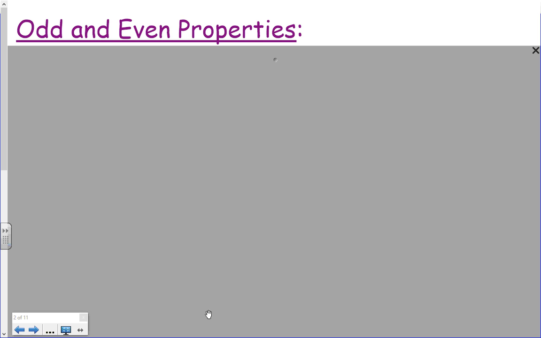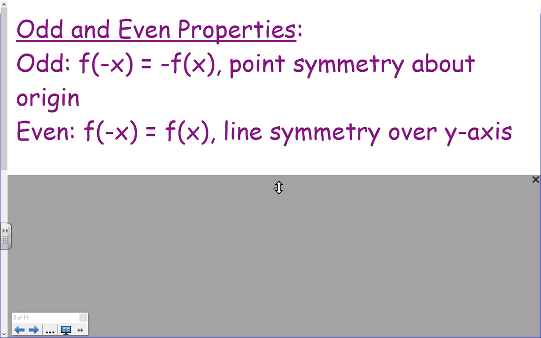All right, let's go back and refresh our memory a little bit first, dealing with the odd and even properties. If you recall, back in chapter 1, we covered what it means for a function to be odd versus what it means for a function to be even. We said that an odd function has the property that f of the opposite of x is equal to the opposite of f of x, or graphically, that it has point symmetry about the origin.